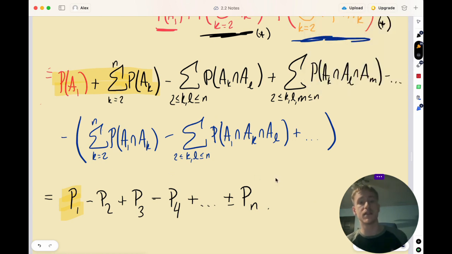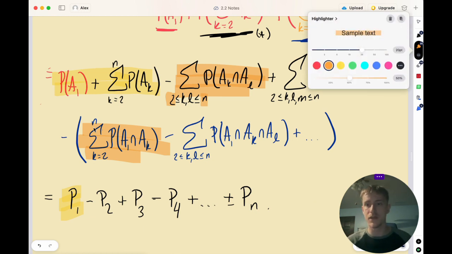Likewise, where is our P sub 2 going to be located? Well, we have everything from 2 to n. But what about A sub 1 intersecting with stuff? Well, we have that over here. This is everything where A sub 1 intersects with everything.